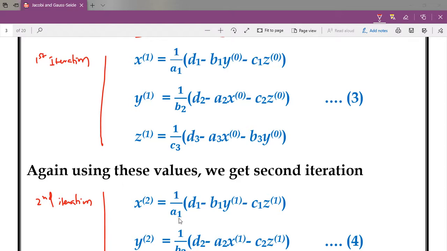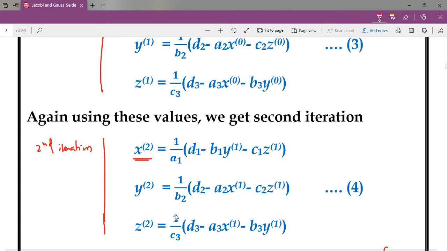While using these values in the second iteration, we get x2. But when we got x2, we are still using x1 in y2. That means we are not using the latest root. This is the latest value for x.